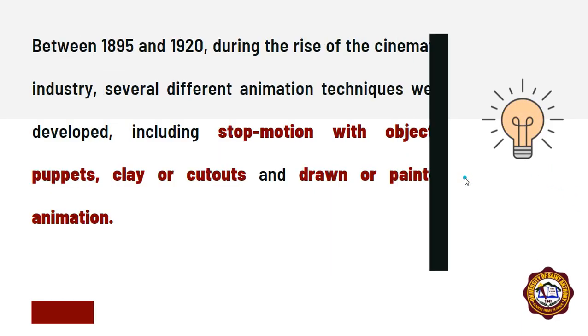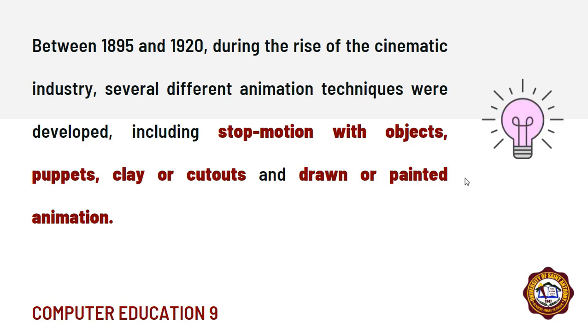So, sa panahon na 1895 and 1920, so ito naman, di ba, we started from the Stone Age. So, ito naman, mga 80s na, no? 80s to 90s. So between 1895 and 1920, during the rise of the cinematic industry, bago nauso yung mga palabas, several different animation techniques were developed.